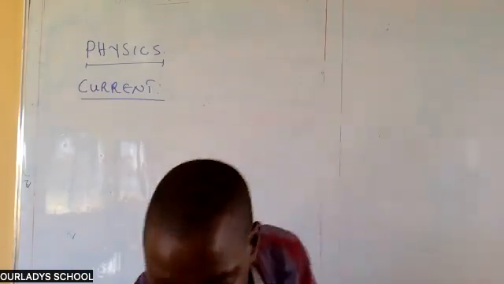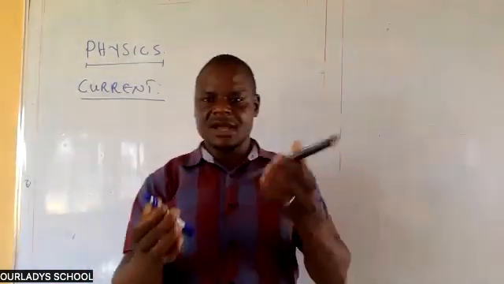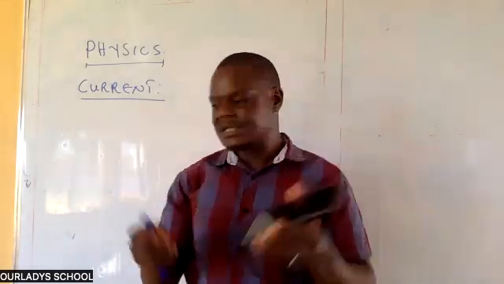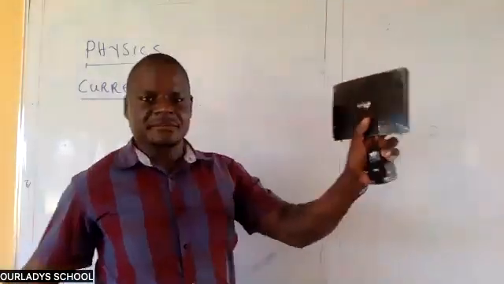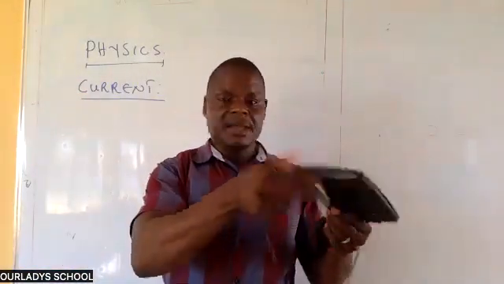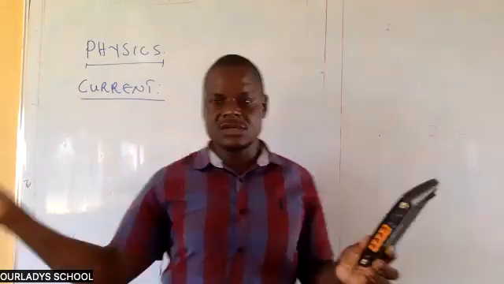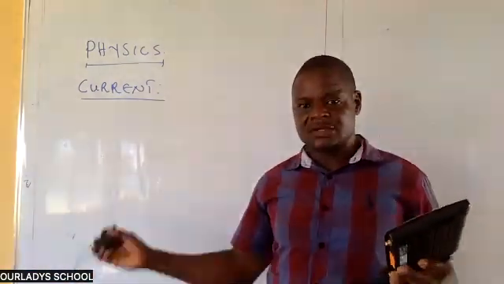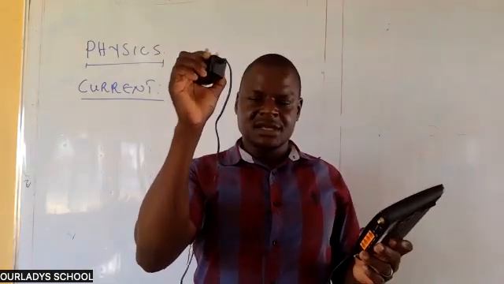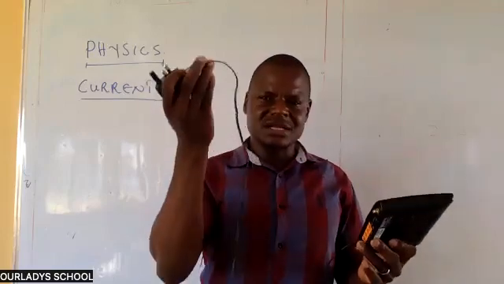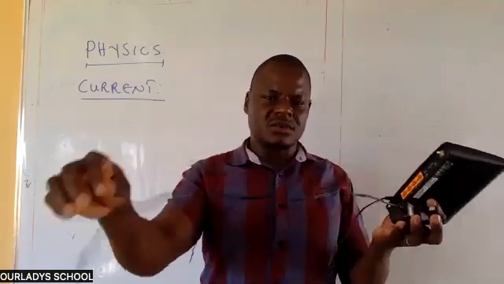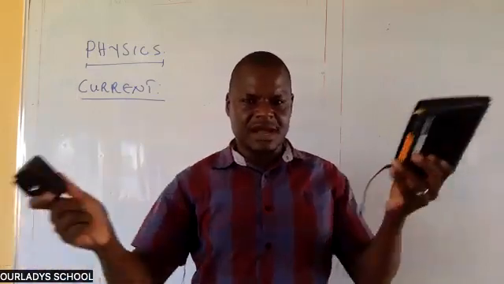When you have a phone, you have a charger. Or maybe let me give you this. You have a router, you have the power cable, you connect. This goes on the power source, right? So current talks about how the charges will be moving, how electricity will be moving through the wire from one point up to the other.